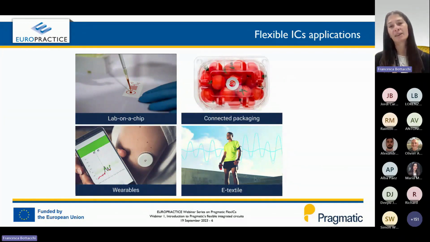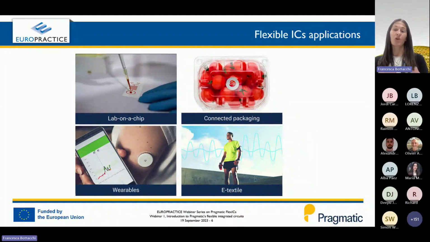You can embed a smart NFC tag into a plastic package to increase connectivity of every item, for example. And then, of course, we already talked about wearable devices for the healthcare sector.